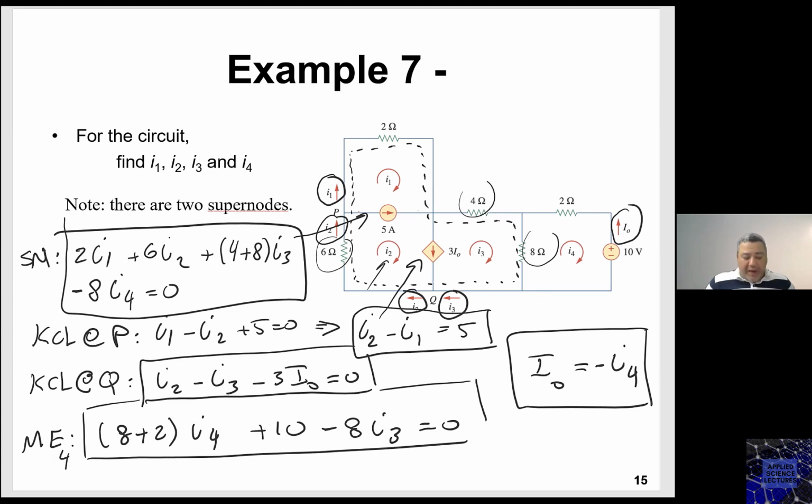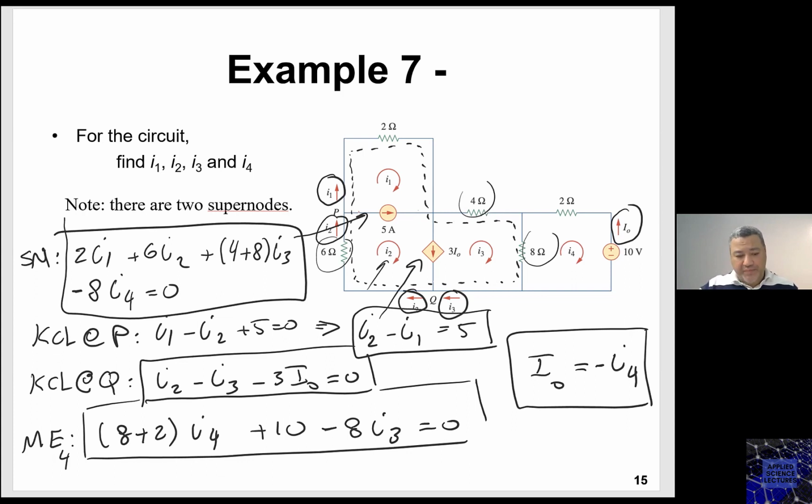Yes, the math is extremely important, and there will be weight assigned for both. But in this course, the new thing you're learning is how to formulate circuits into equations. So the weight for the formulation is going to be higher than the weight for the calculations. So just keep this in mind.